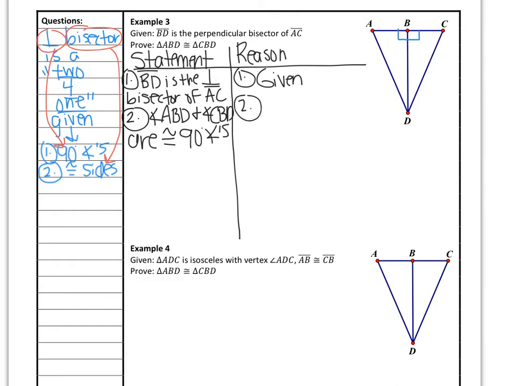Okay? So, how do we know that? Because perpendicular lines form congruent 90-degree angles.